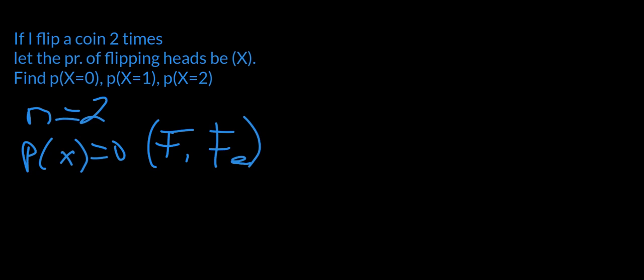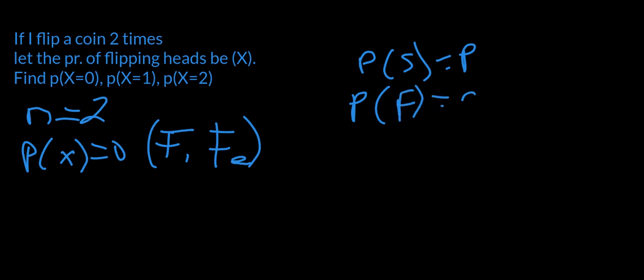Let's denote the probability of success as p and the probability of failure as q, where p plus q is 1.